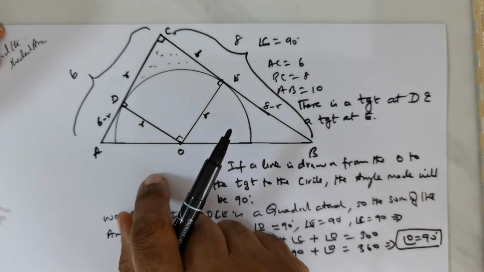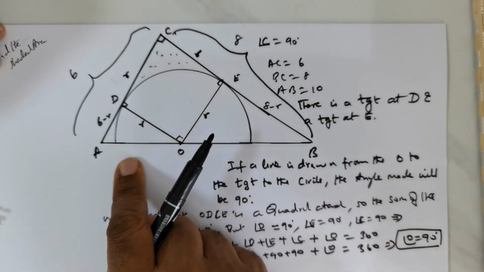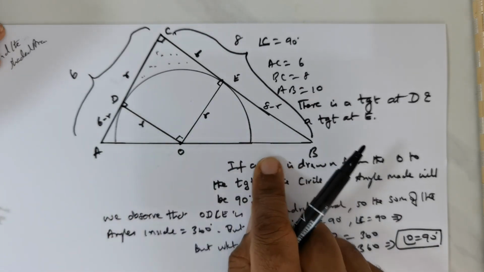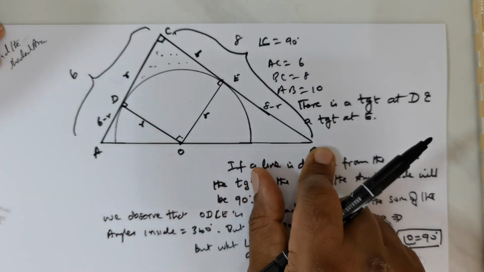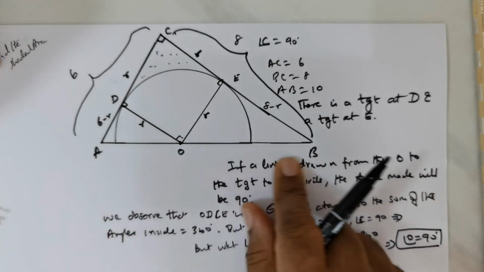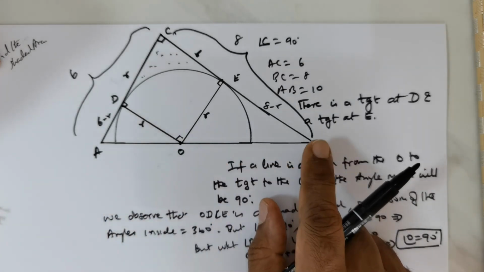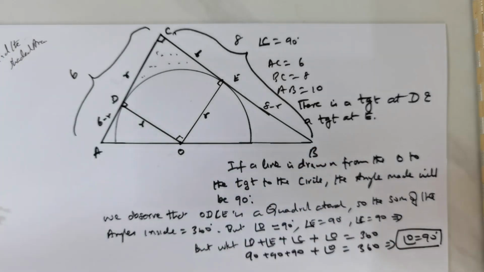So if this entire length is 10 units, then we will have to extract the value of R from here. Now we cannot do any deductions of the measurement here. We have to just simply take AB, this entire length, to be 10 units and then work our way to getting the value of R. Okay, so I am going to be showing you two ways.